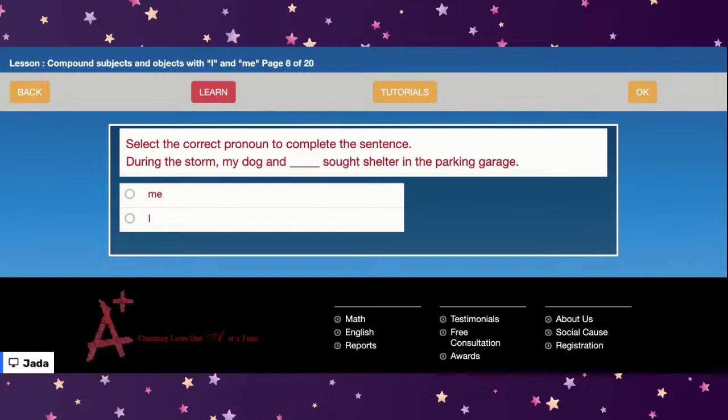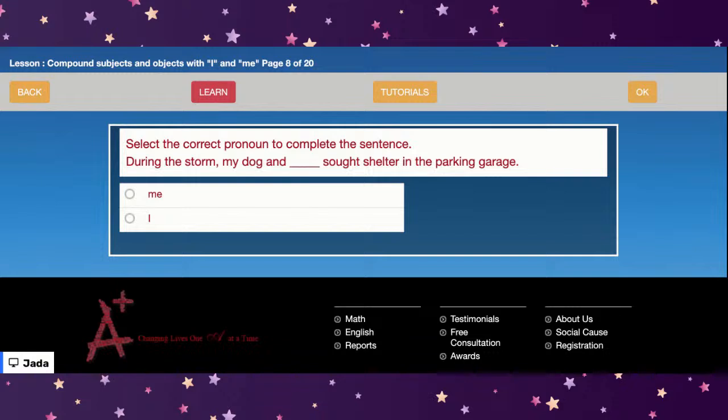The rest of you, send in your sentences. Me and Kira love singing. I and Kira love singing. So it should be I, okay?